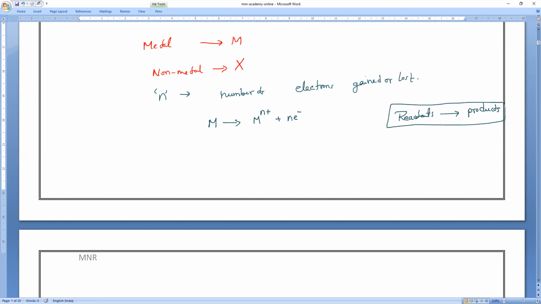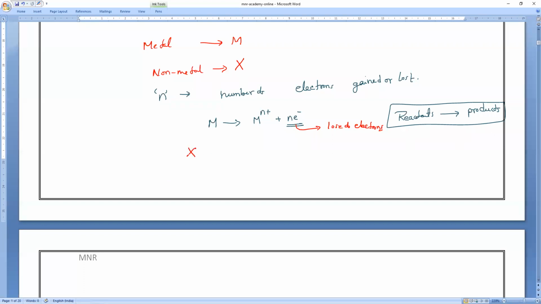If I represent the electrons on the reactant side, that is called addition of electrons. Now here, the electrons are represented on the product side or reactant side? Product side. So this is indicating loss of electrons.